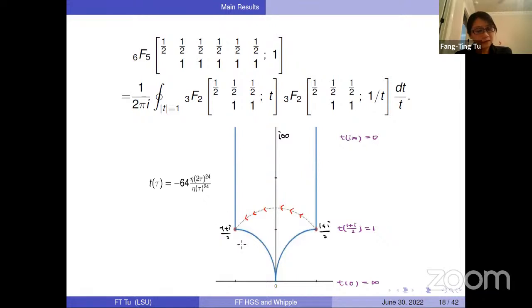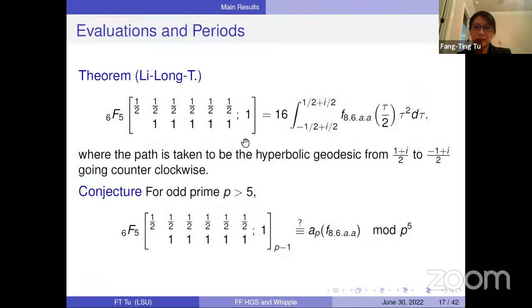So this one is equivalent to this elliptic point of order 2. Yeah. So once we figure out the path, then again from the modular forms, as I mentioned in the previous example, we can end up with an identity like this.